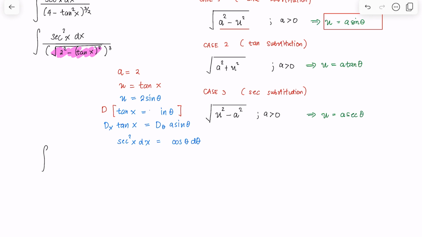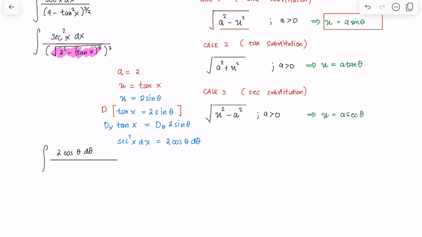So the a is simply replaced by 2. Going back, the term secant squared x dx is simply 2 cosine theta d theta, so I can replace the numerator by 2 cosine theta d theta. Now I'm going to deal with the denominator.